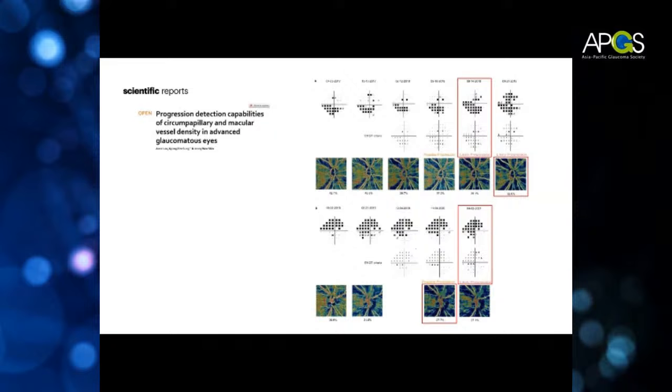We found vessel density loss showed better progression detection capability than structural loss in advanced POAG cases. So the detection of circumpapillary vessel density and macular vessel density loss may be useful for detecting progression in advanced stages of POAG, to complement each other.